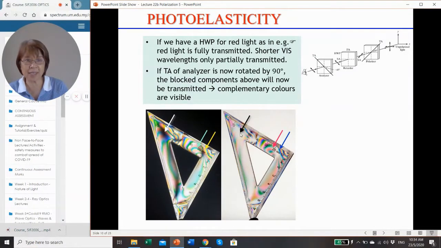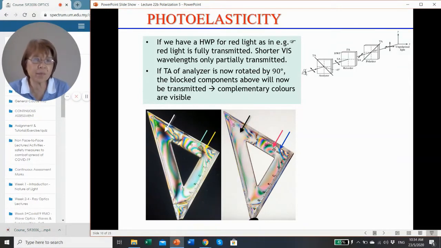This part here is white, and here is black, so they are blocked off. Over here, this reddish arrow is pointing at this part here. So at the same part with the crossed polarization, you see sort of a turquoise color.